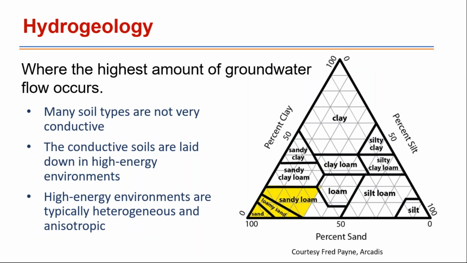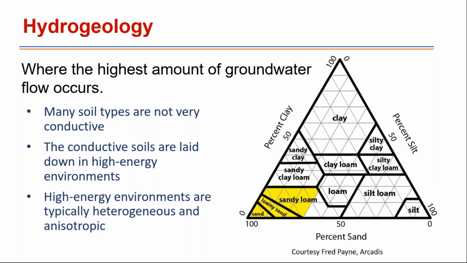So now we're going to look at where the highest amount of groundwater flows. We do have flow in the lower K zones, but the highest amount of water is flowing through some of the soils which are much more conductive. And many soils are not very conductive: clay or silty clay, loam, silt. But if you have sandy loam, and actually sand and boulders and cobbles and gravel, those are where most of your flow is.